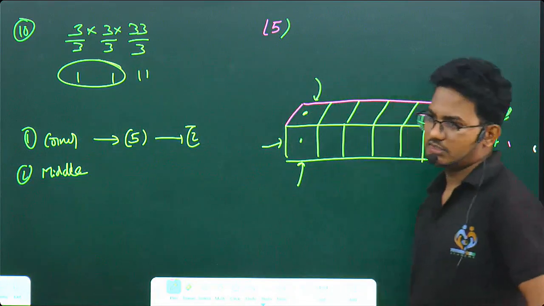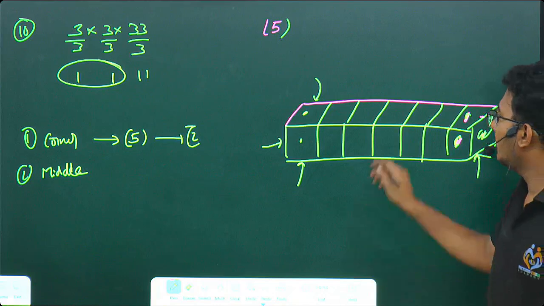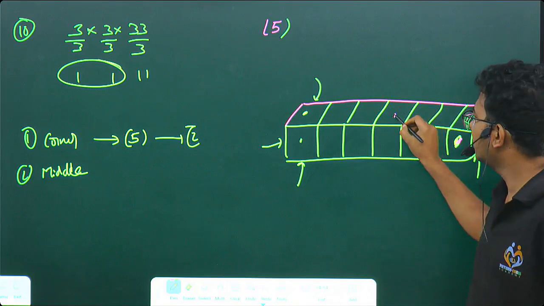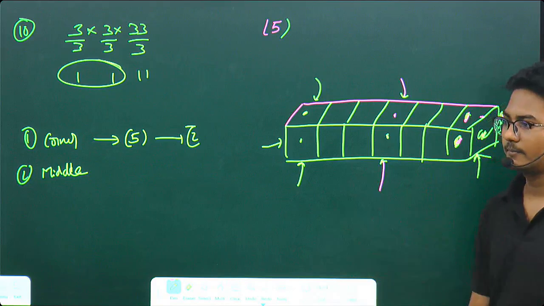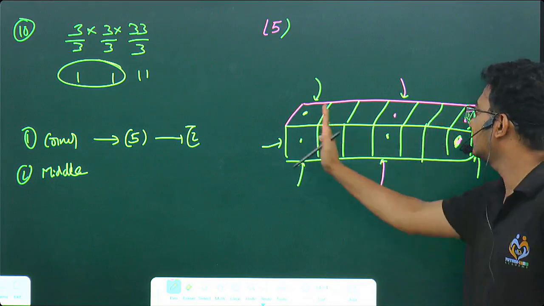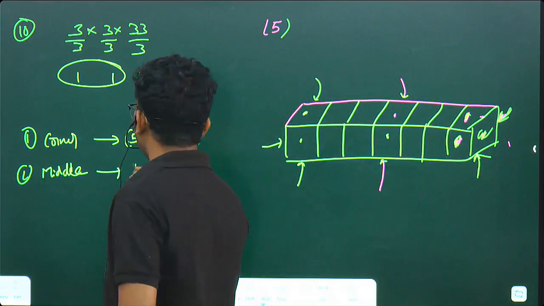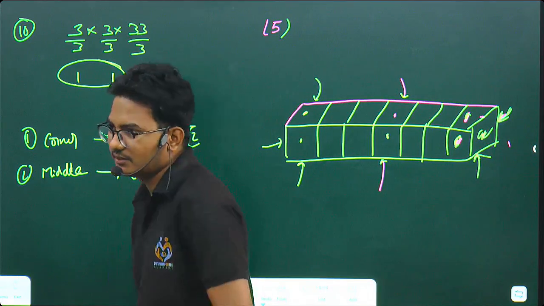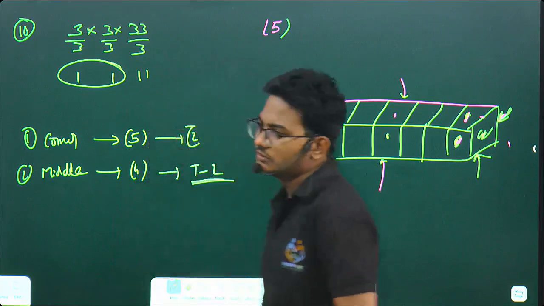For the middle one, take this one, 1, 2, 3, which means 4 surfaces are painted. The surface here and the surface here are not painted, so for the middle one you will find 4 surfaces painted and the formula will be total minus 2.